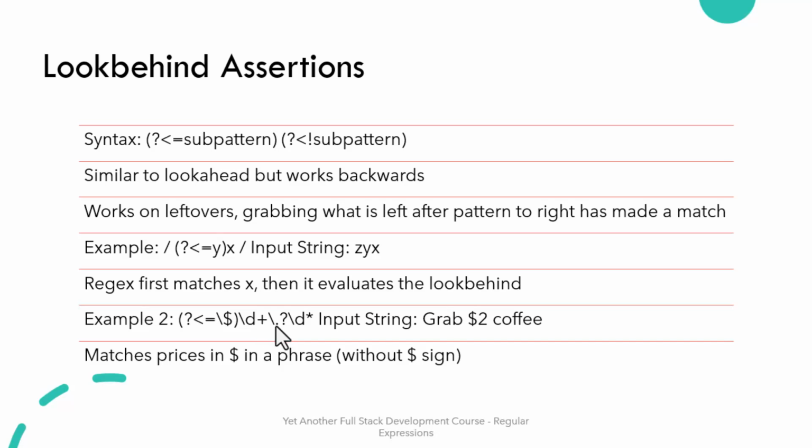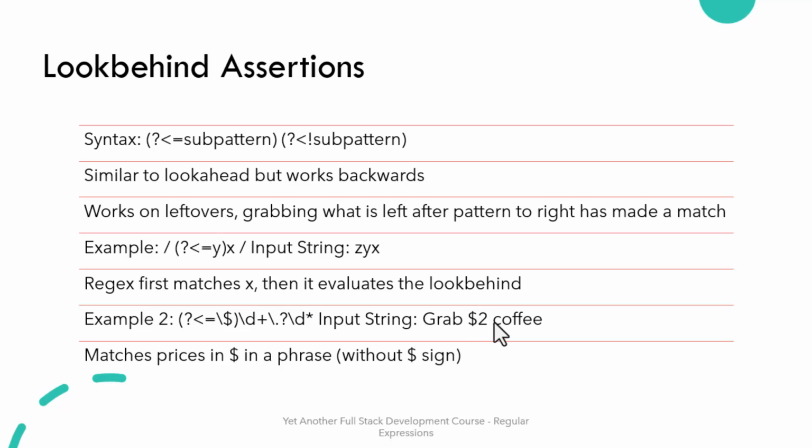Following that is backslash dot, and I think you understood by now that backslash changes the meaning of the character. So if it's a special character, it makes it a normal character. If it's a normal character, it gives it a special meaning if applicable. So dot has a special meaning, it's a wildcard, so we use backslash dot to just treat it as a regular character, followed by a question mark because the dot is optional.